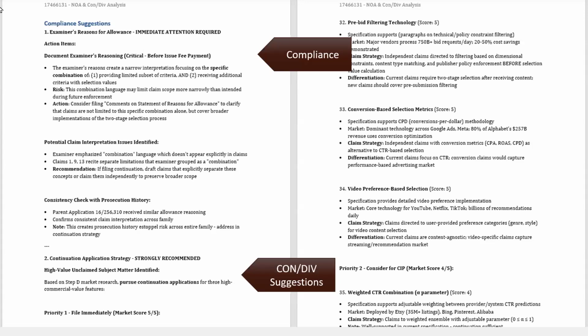We can also take a custom compliance checklist based on the way you or your firm operates and let the tool use that to drive the compliance section to suggest any steps that might need to be taken at this point when handling the notice of allowance.